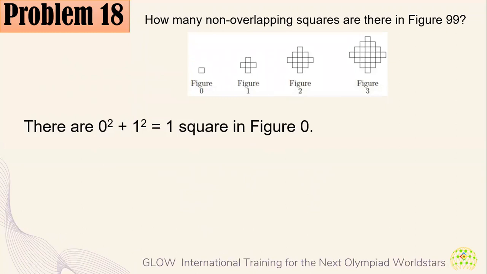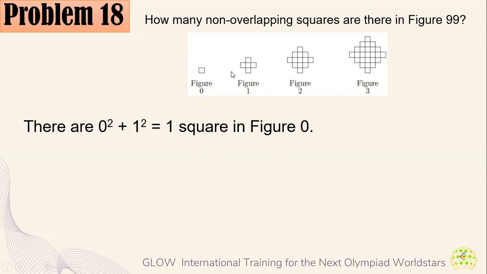So you could see that in figure 0, if we are just keen enough, there's 1 square. But 1 is equal to 0 squared plus 1 squared. If you are in figure 1, figure 1 has 5 squares, right?